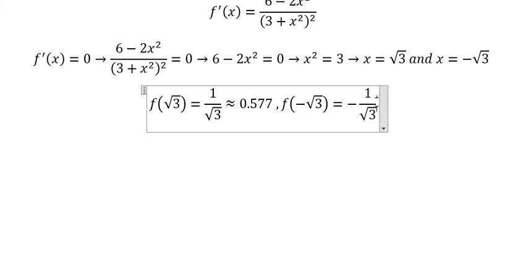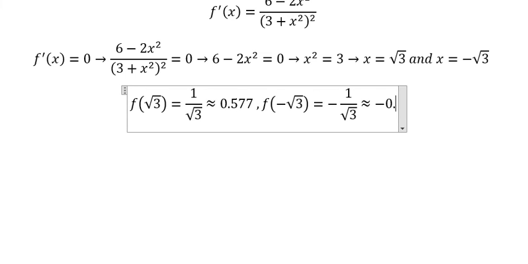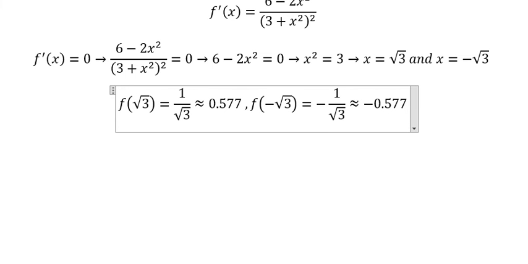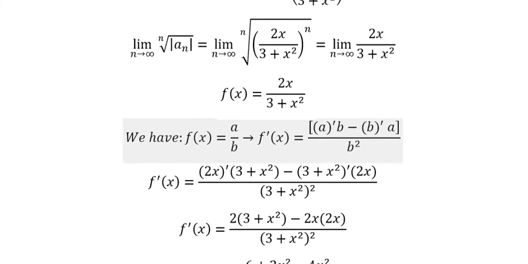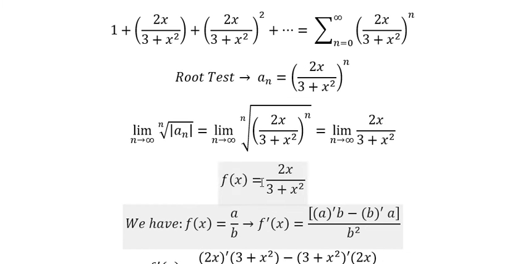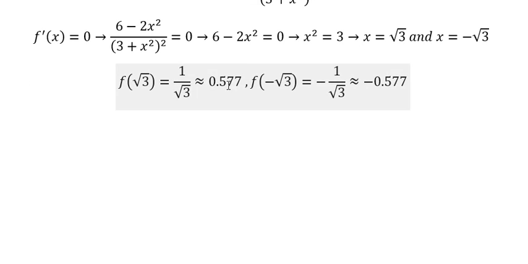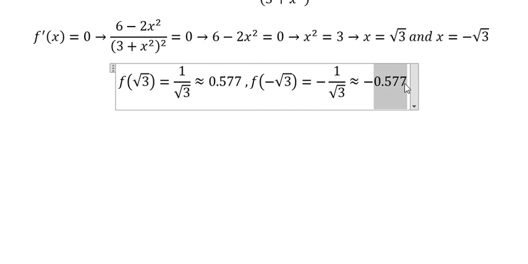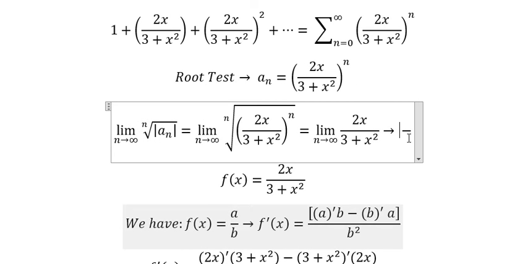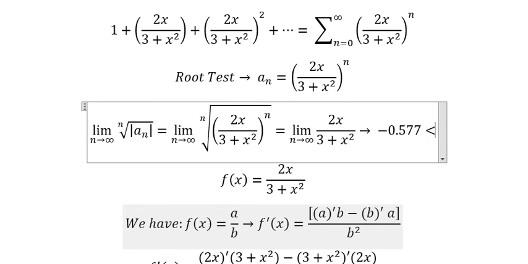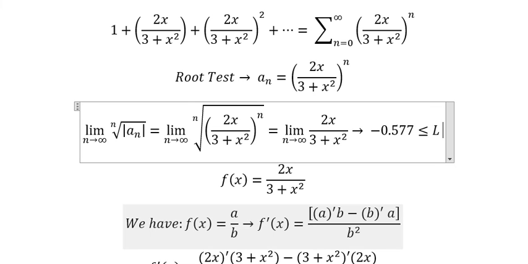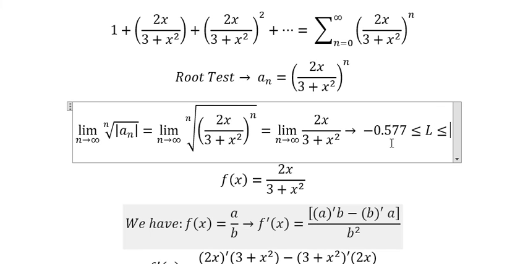This one approximates negative 0.577. So in this situation, we can see that when n goes to positive infinity, the range of this one is from negative 0.577 to these numbers in here.